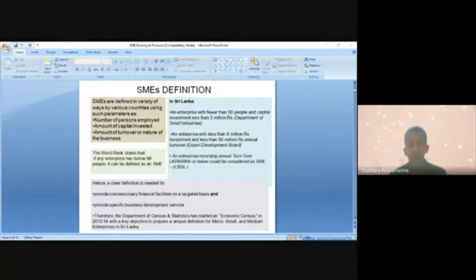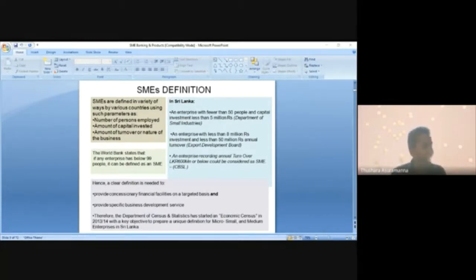A couple of you also gave very good suggestions, but I have also given some more points because the examiner could ask that question very easily. It helps provide concessionary financial facilities and financial opportunities on a targeted basis. If we can understand these are SMEs, it's easy to focus and do the financing, because we need to provide them financing at a low-cost concessionary rate.